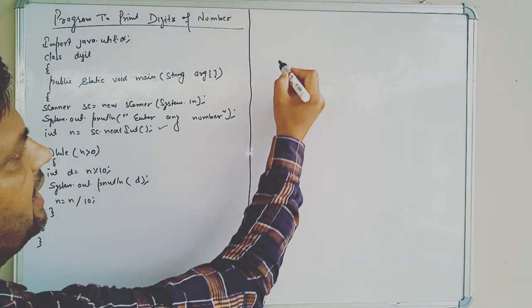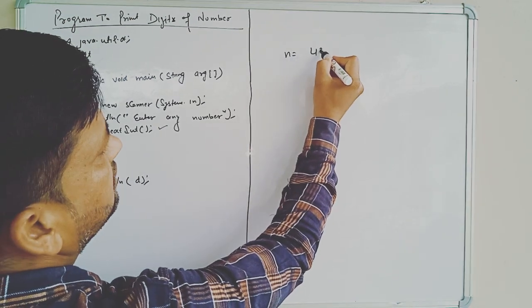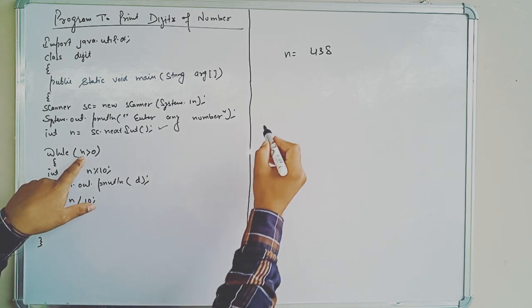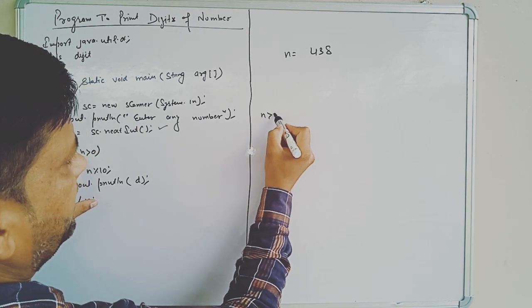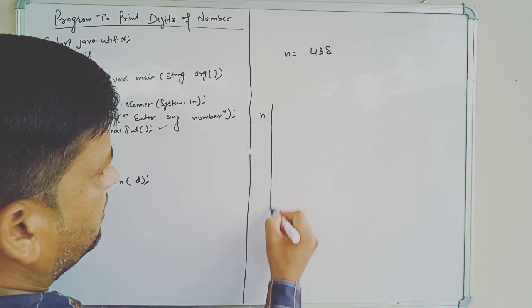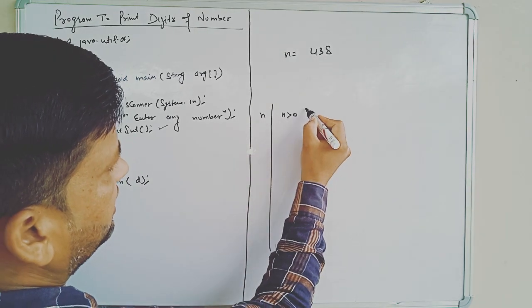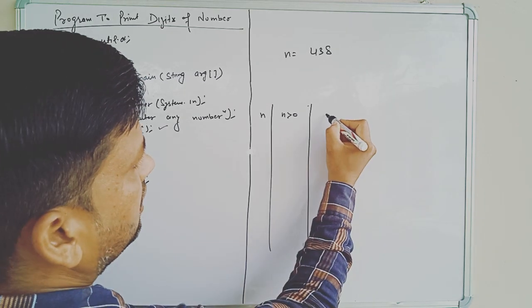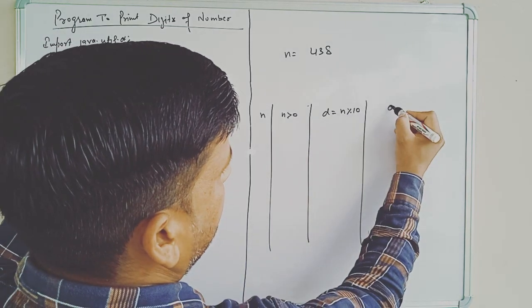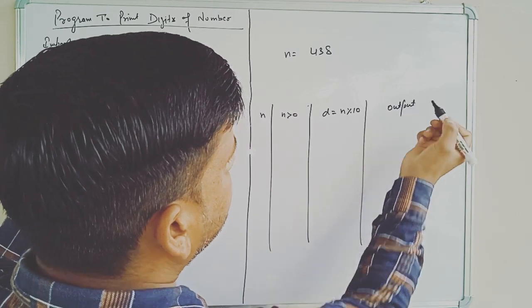For example, I will enter n value 438, assume. Now how will the condition be checked? First n greater than 0, and then d is equal to n mod 10 and output.